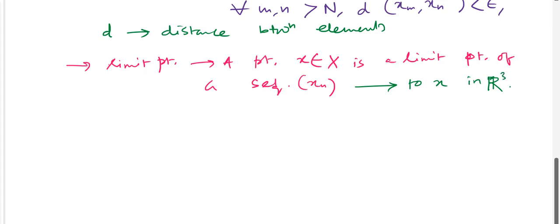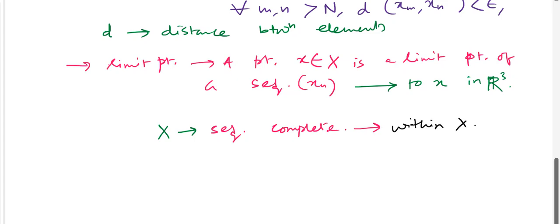Thus, having property S implies that X is sequentially complete. That means every Cauchy sequence in X converges to a limit point within X. And now we can analyze option B.